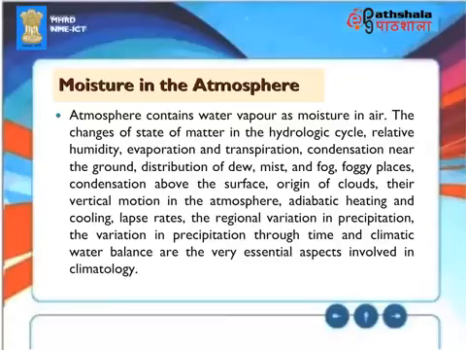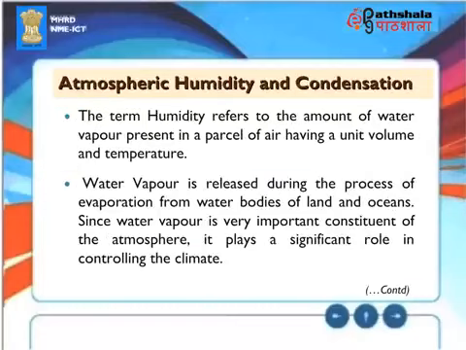The changes of state of matter in the hydrologic cycle, relative humidity, evaporation and transpiration, condensation near the ground, distribution of dew, mist and fog, foggy places, condensation above the surface, origin of clouds, their vertical motion in the atmosphere, adiabatic heating and cooling, lapse rates, the regional variation in precipitation, the variation in precipitation through time, and climatic water balance are the very essential aspects involved in climatology.